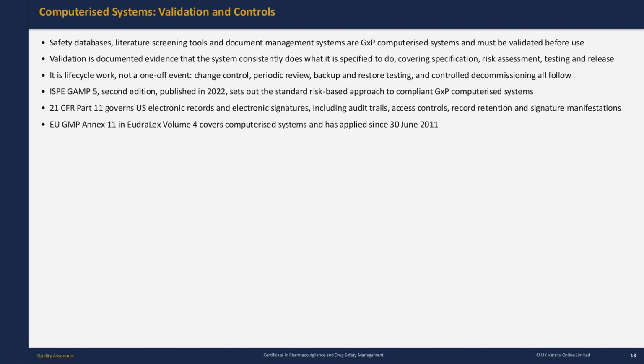It is lifecycle work, not a one-off event. Change control, periodic review, backup and restore testing, and controlled decommissioning all follow. ISPE GAMP 5, 2nd edition, published in 2022, sets out the standard risk-based approach to compliant GXP computerized systems.